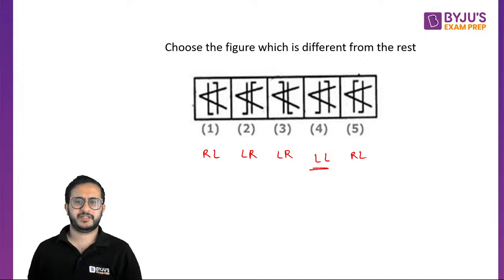So if you see that both of them are pointing towards left, in all others they are pointing in opposite directions. So the answer is 4. All are pointing in different, opposite directions, and this one is in the same direction.